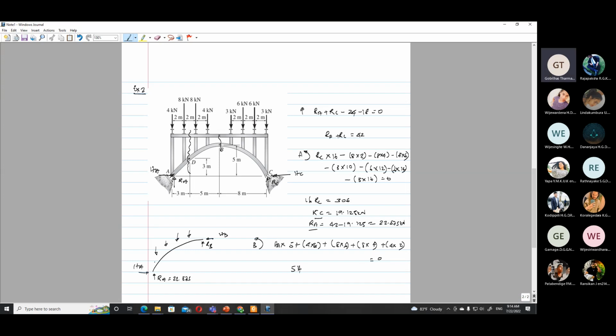So 5HA is equal to 32 plus 48, 32 plus 8, 120. So 5HA is 120, so HA is 24 kilonewton.